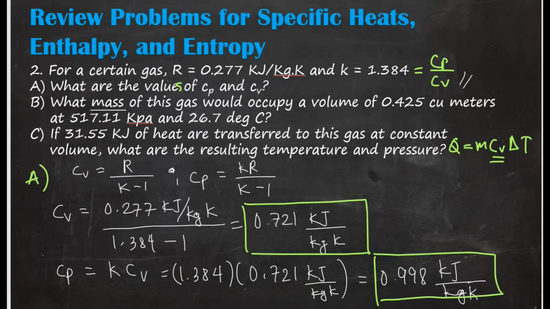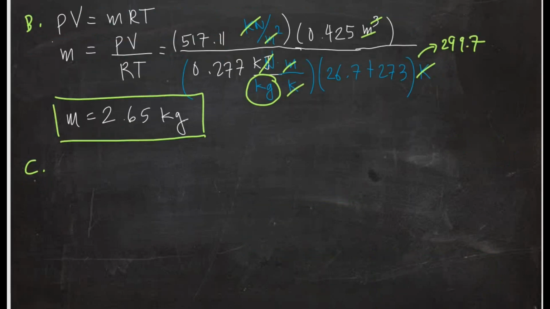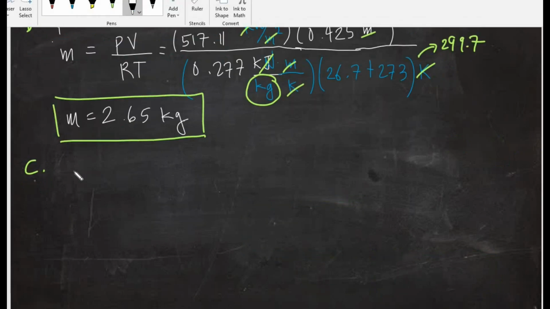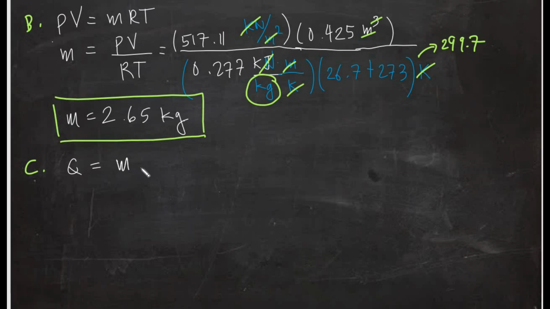From here, you have Q is equal to mCV delta T, and delta T is T2 minus T1. Okay, your T sub 1 would be 299.7.